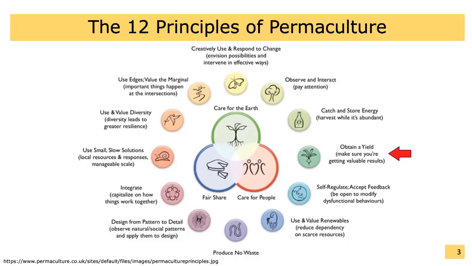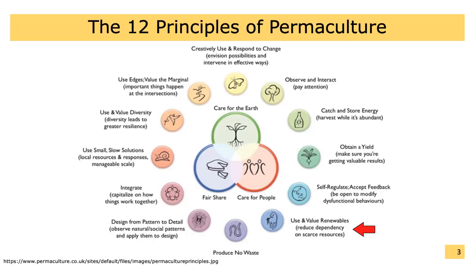Obtain a yield. This principle points out that at the end of the day, the output from a permaculture farm should be in sufficient quantities so as to provide sustenance to the community. Self-regulate, accept feedback. This principle recommends that we constantly observe how plants are faring on a permaculture farm and accept that knowledge to modify our farming practices to make them more self-sustaining.